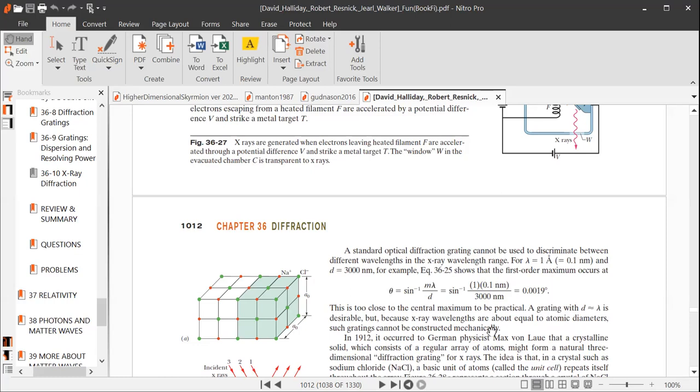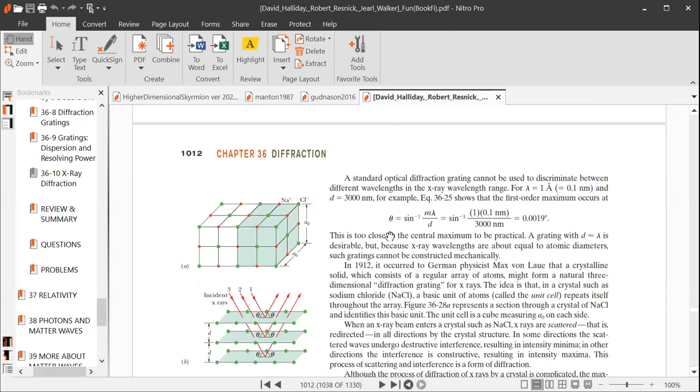As you see, if we assume, for example, lambda is equal to 1 angstrom, and 1 angstrom is 10 to the minus 10 meter, and the distance between two slits, for example, 3000 nanometer, then the first order maximum occurs at this angle.